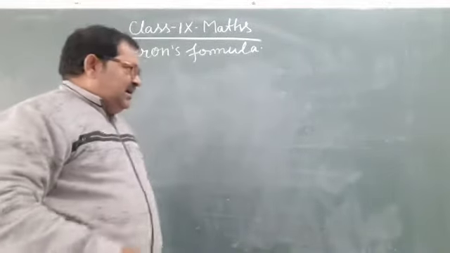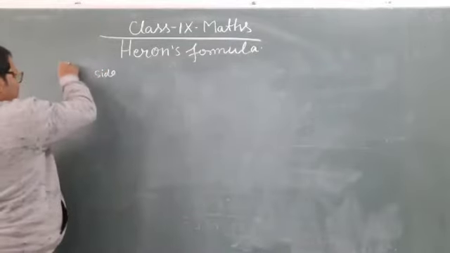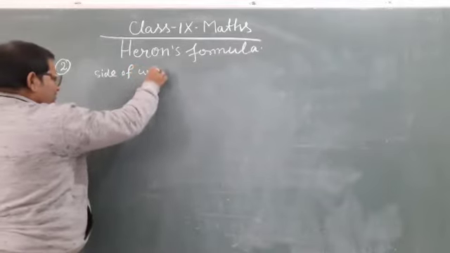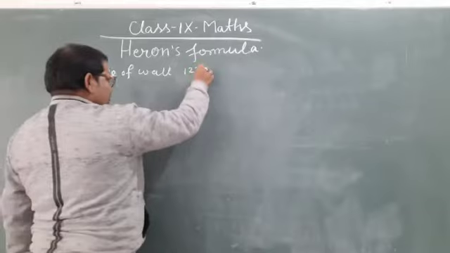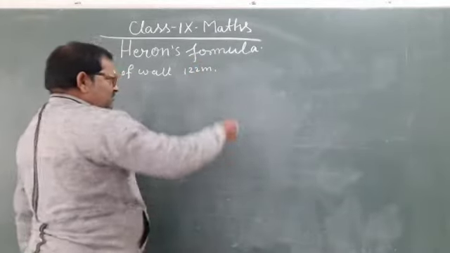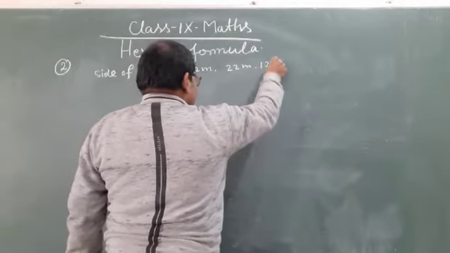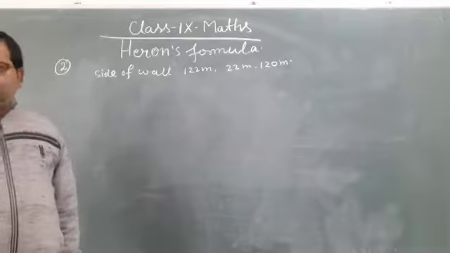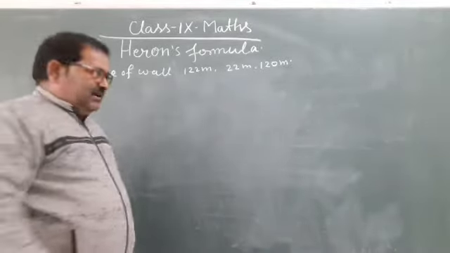Now the sides of the wall are 122 meter, 22 meter and 120 meter. First you find the semi-perimeter of the triangle.